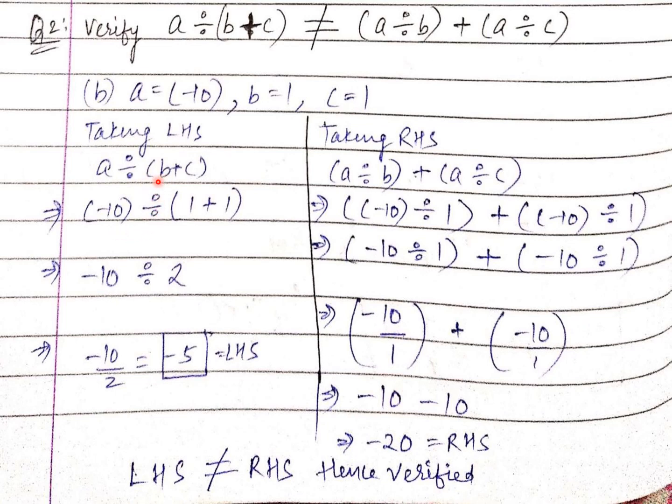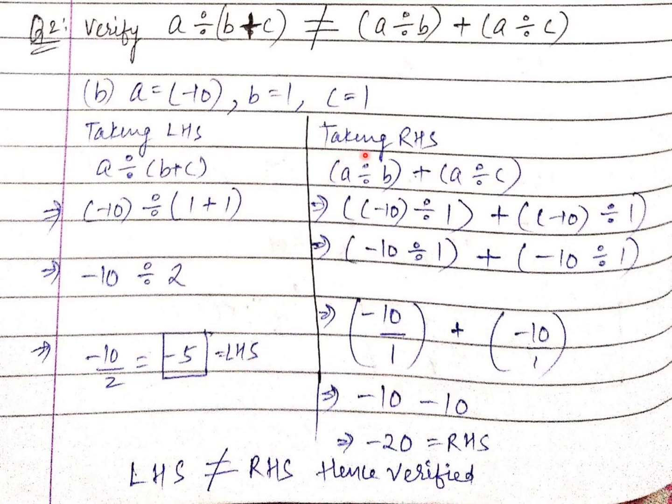Then I have the bracket here. b is 1, plus sign, then c is 1. So this way I have put values of the variables. Now we have minus 10 as it is, divide sign, 1 plus 1 is 2. Now this can be written as minus 10 upon 2, and we all know 2 ones are 2, 2 fives are 10. So it can be written as minus 5, which is our left hand side.